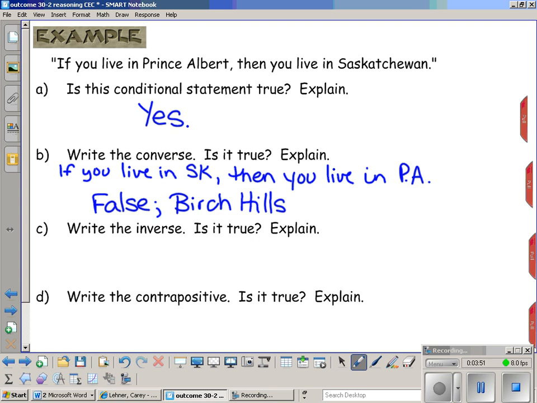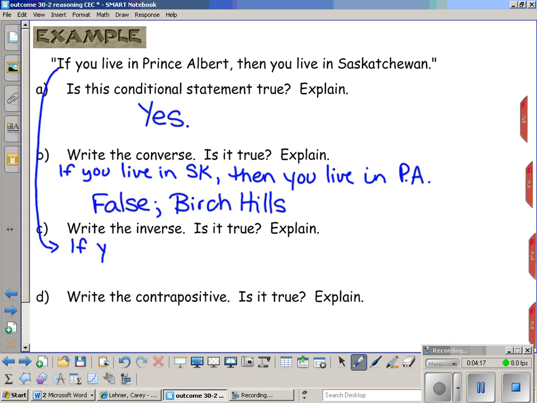Now we want to write the inverse. Now remember, the inverse is taking the conditional statement and negating both the hypothesis and the conclusion. So putting the word not in there, taking the conditional statement. So it's this one, and we're going to rewrite it by negating the hypothesis and the conclusion.